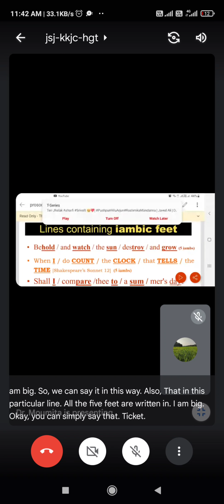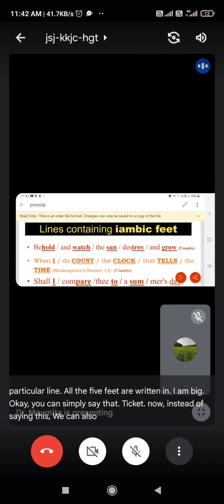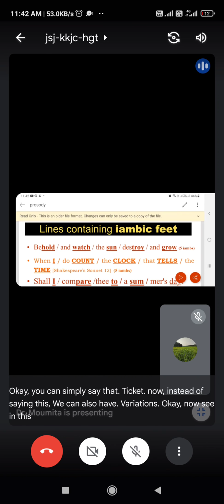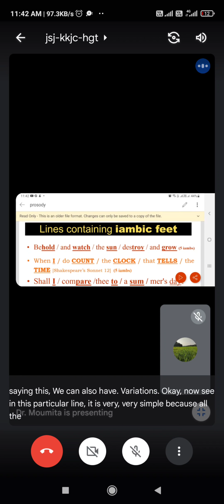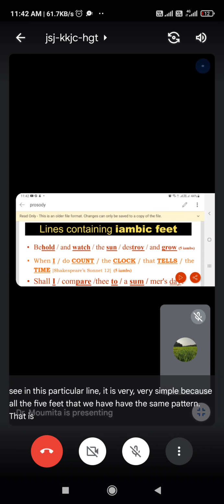Now, instead of saying this, we can also have variations. In this particular line, it is very simple, because all the 5 feet have the same pattern, that is iambic pattern.